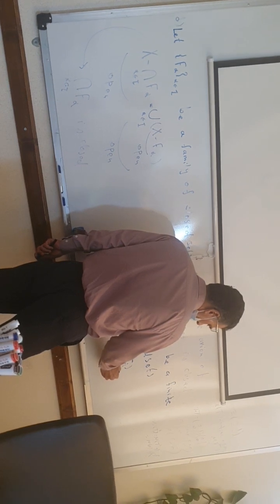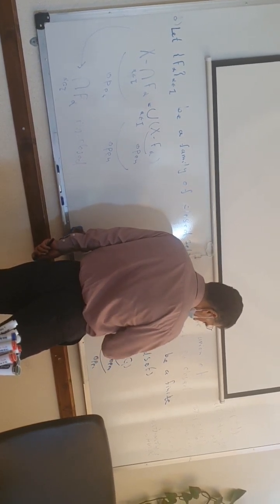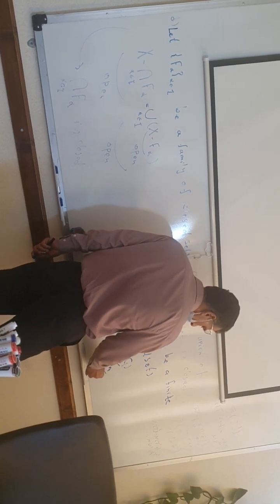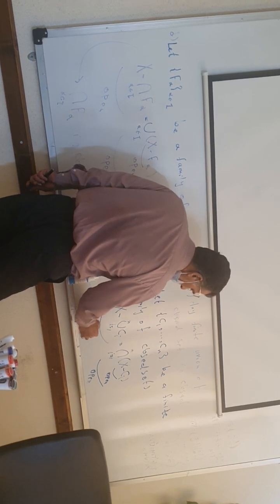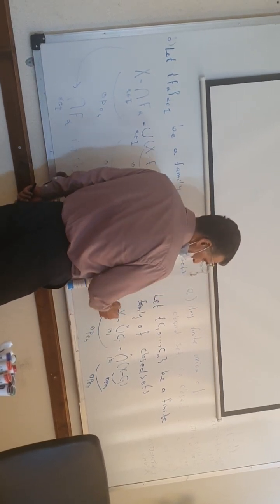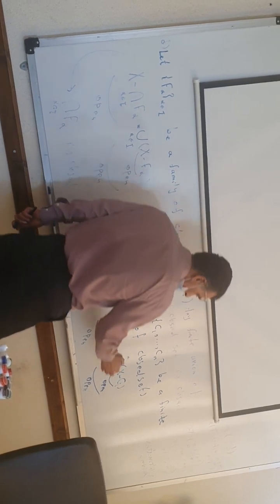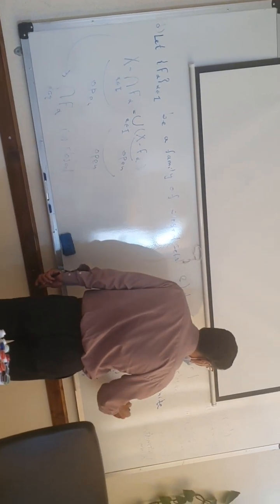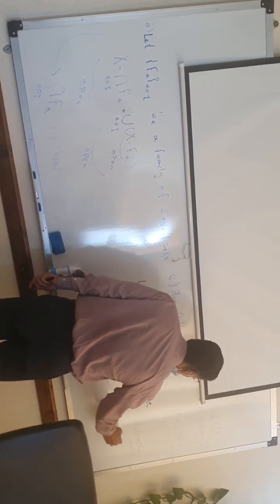And this is open because this is a finite number. Yes, okay? This is a finite number. So this must be an open set. This is an open set so that itself is closed. So this union is closed.